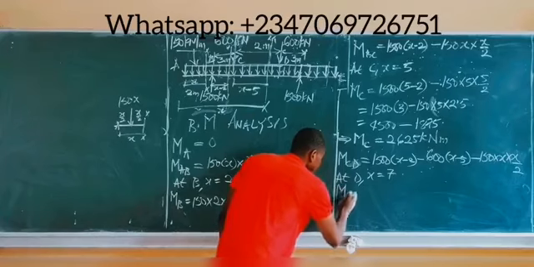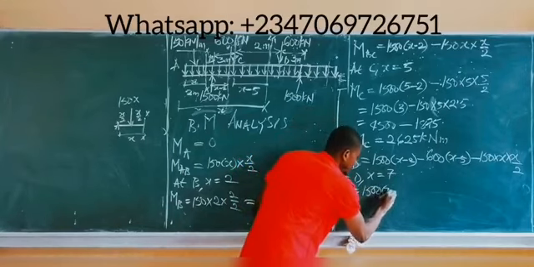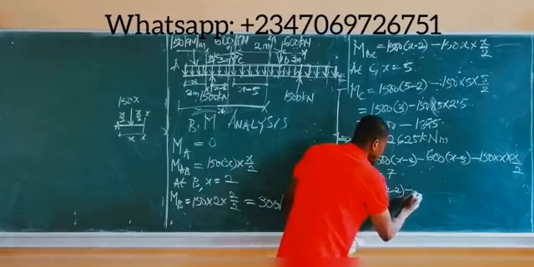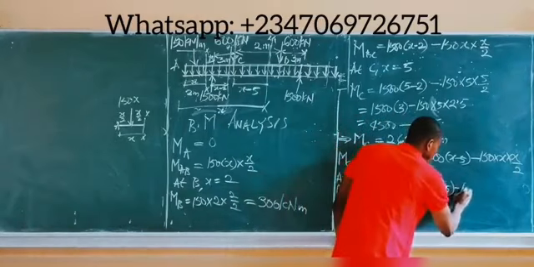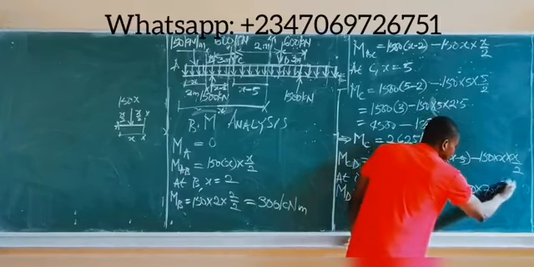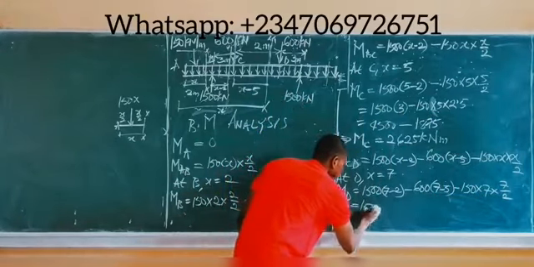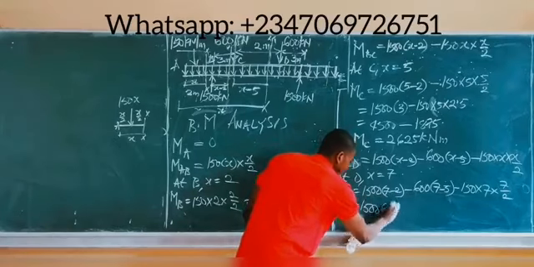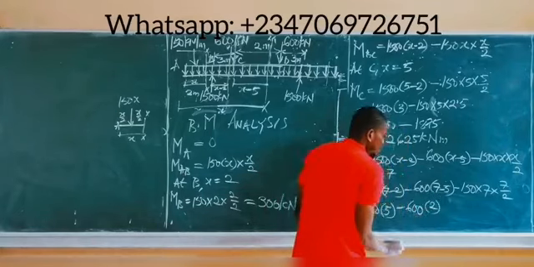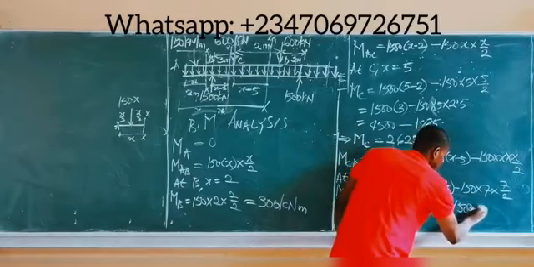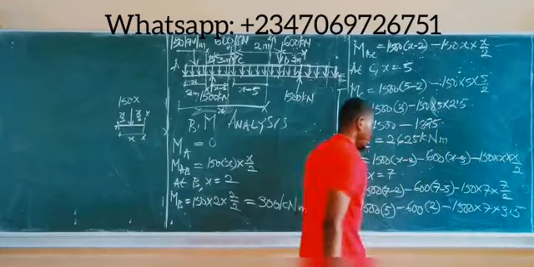The moment at point D is now equal to 1,500 into 7 minus 2, minus 600 into 7 minus 5, minus 150 multiplied by 7 times 7 over 2. This is 1,500 into 5, minus 600 into 2, minus 150 times 7 times 3.5.